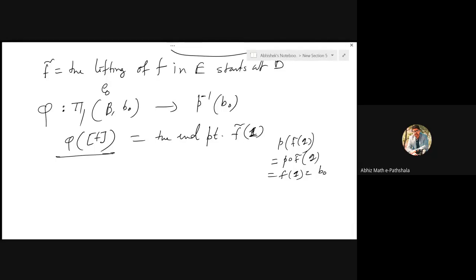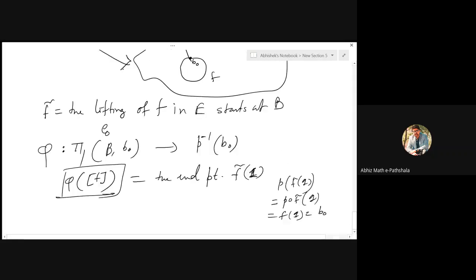So we define this phi of this as the end point of F tilde 1. Now you can ask, is it well defined or not?